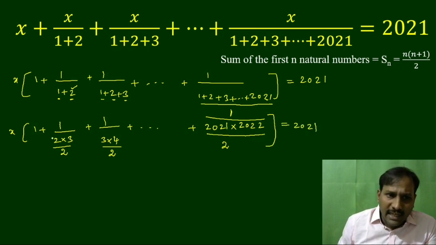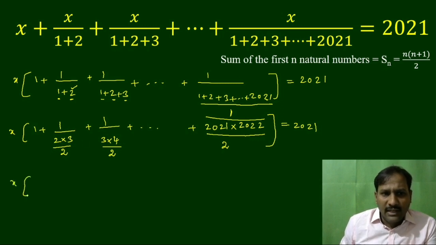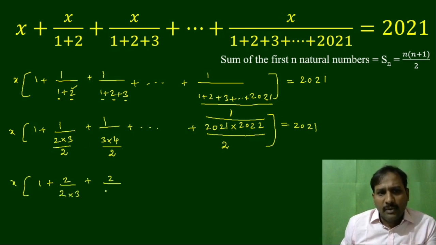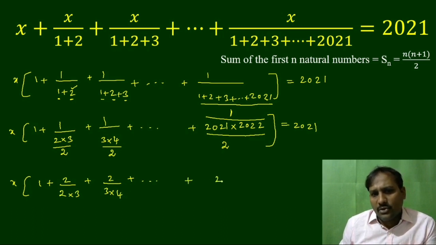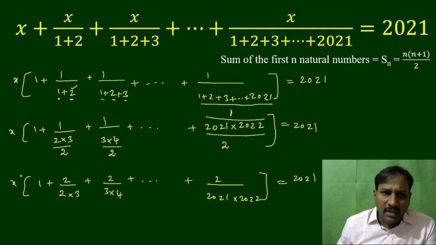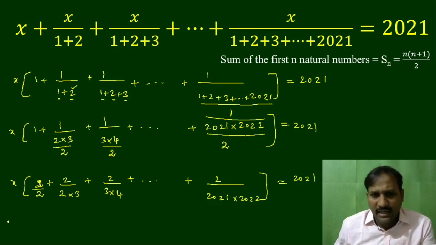Now take the reciprocal: 1 by 2 into 3 by 2. What will you get here? 1 plus 2 by 2 into 3 plus 2 by 3 into 4 plus so on, 2 by 2021 into 2022 is equal to 2021. Now this one, can I write it as 2 by 2? Yes, we can write it.